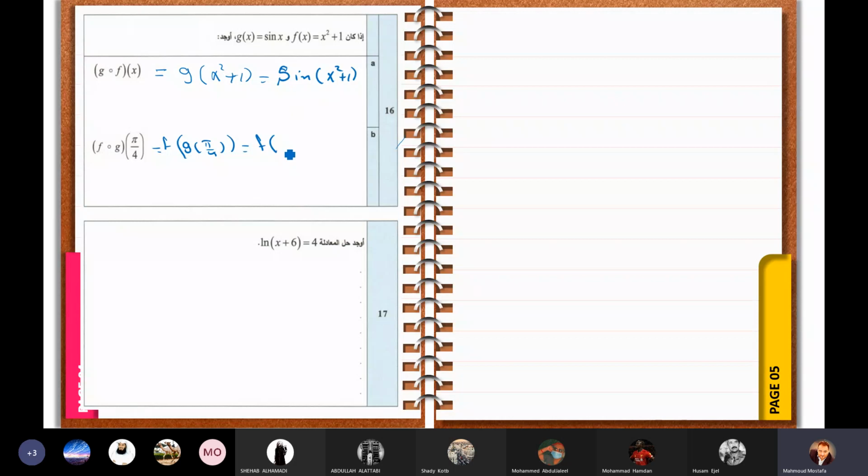So it becomes sine pi over 4 squared plus 1. Sine pi over 4 is what? Square root of 2 over 2, which means 0.707. So just remove x square and put the square root of 2 over 2. So it will be square root of 2 over 2 squared plus 1, which equals, I think, 3 over 2.